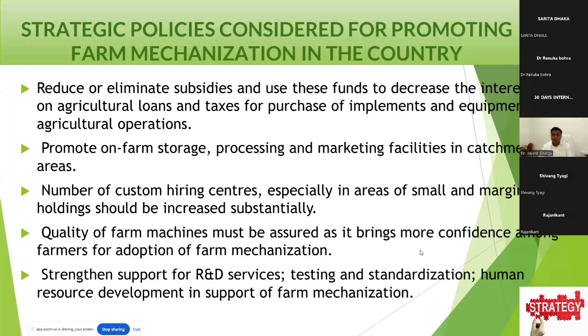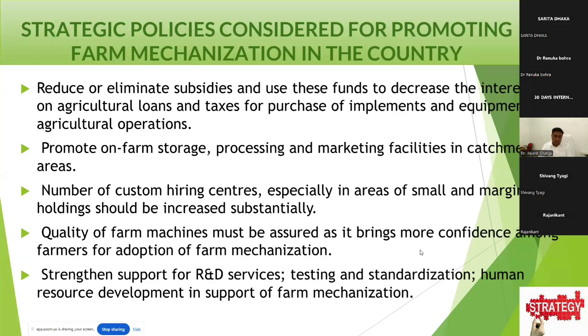For these particular situations in our country, whatever machineries the farmers actually need should be included and available in that particular custom hiring center, so that small or marginal farmers can use that technology or machinery on their farms.